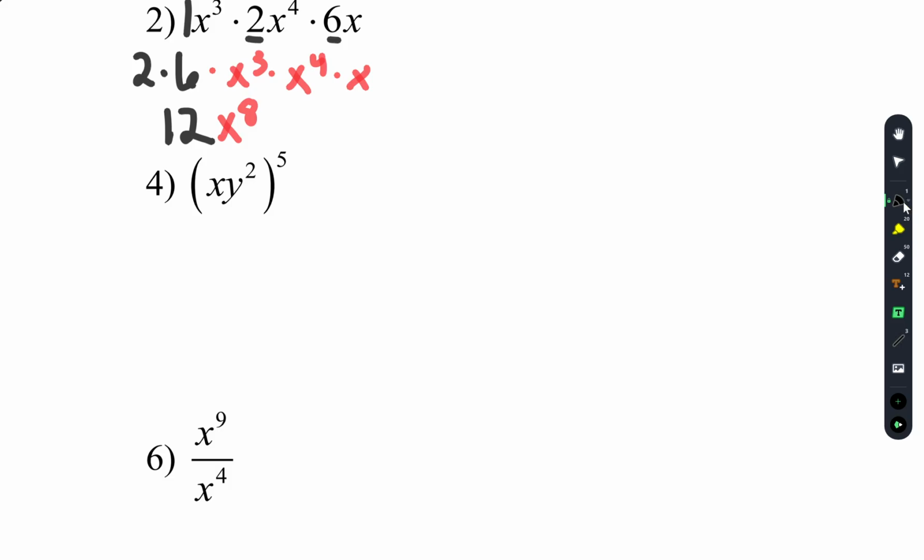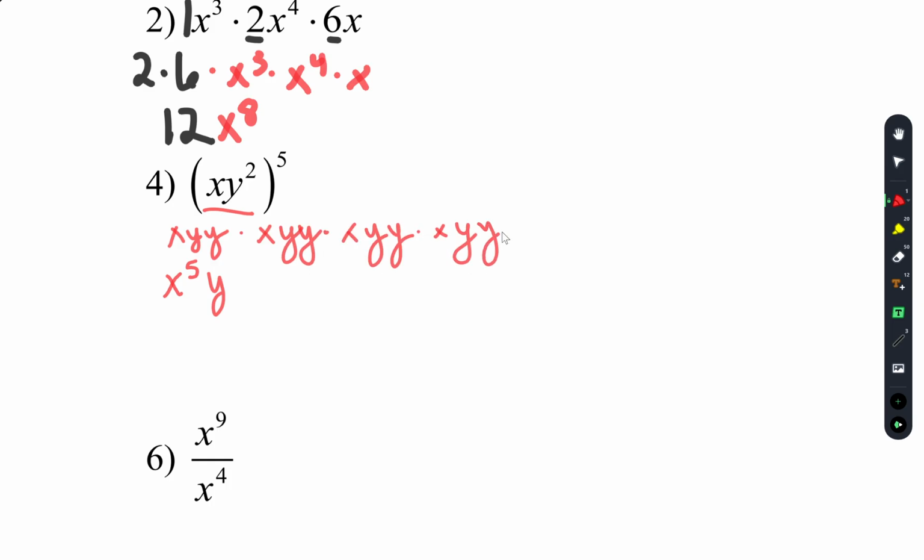Now this one, think of it this way: 5 sets of these. So think of how many x's if I wrote that out 5 times. There will be 5 of them. And then think of if I wrote y squared 5 times.